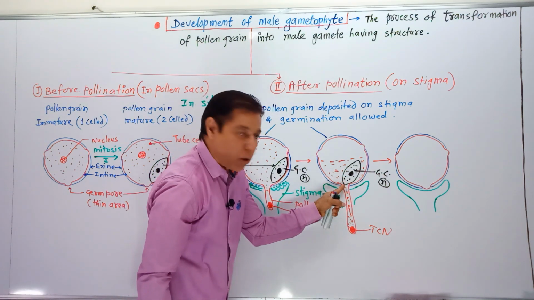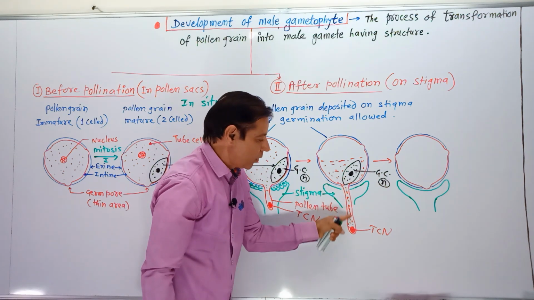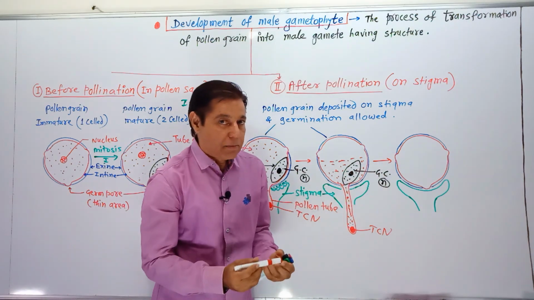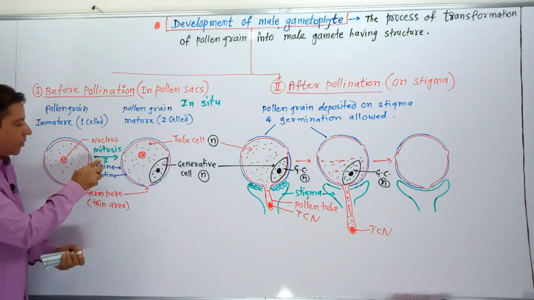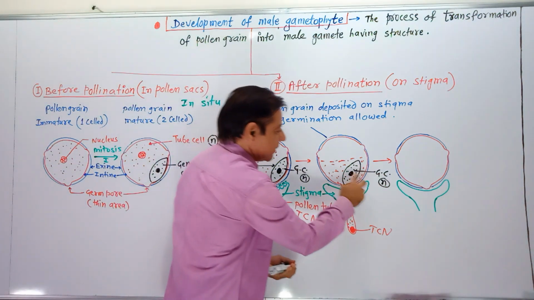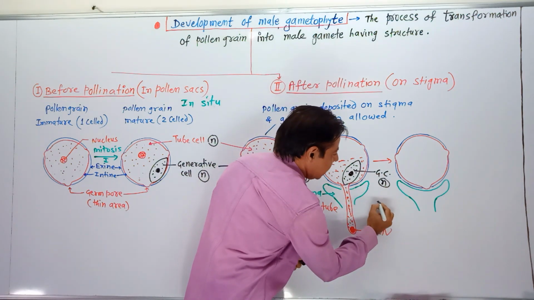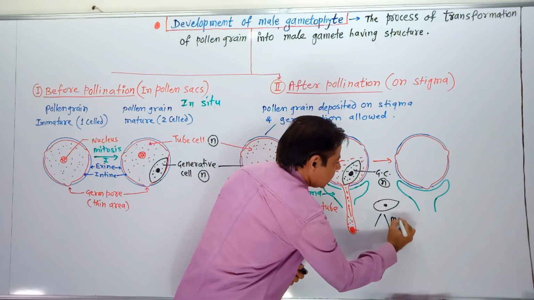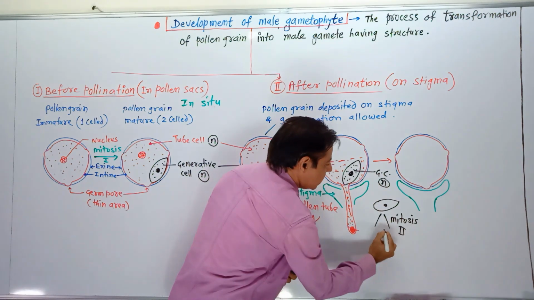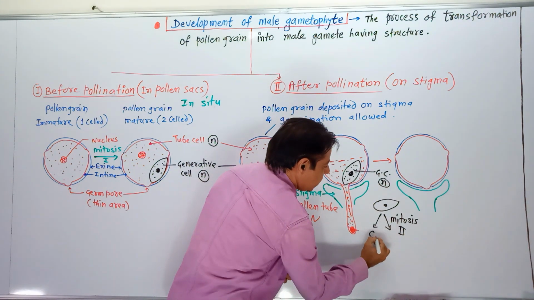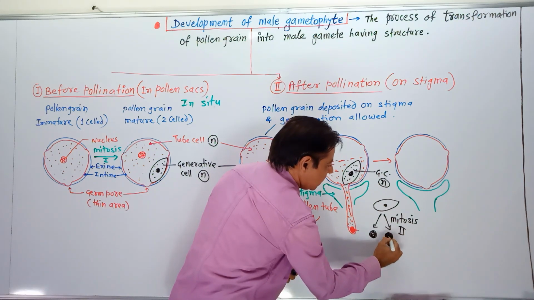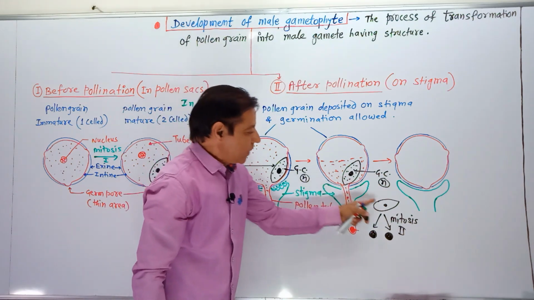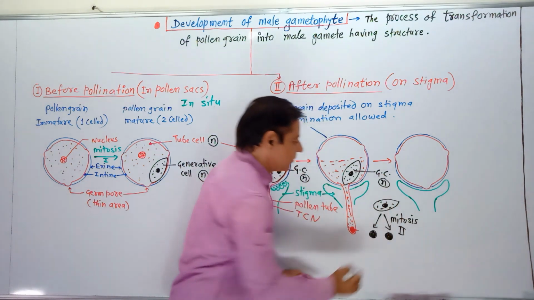As it reaches the opening or mouth of the pollen tube, soon after, the generative cell divides by the second mitosis. Here the first mitosis occurred, and now the second mitosis occurs, and in this way two male gamete cells, a pair of sperm cells, are formed. The generative cell divides to form two male gametes.